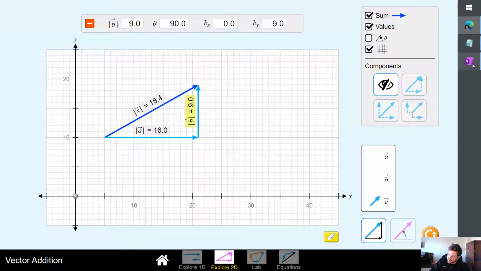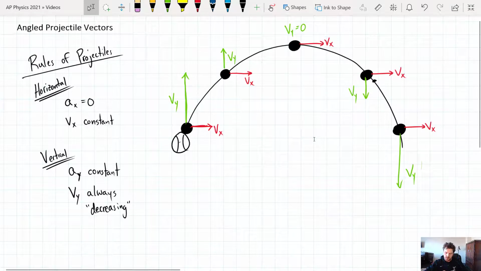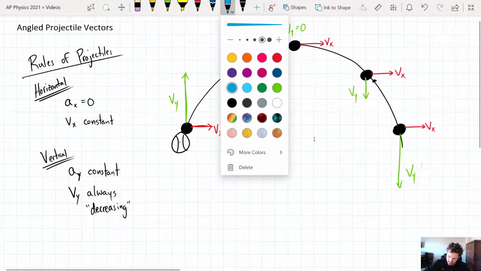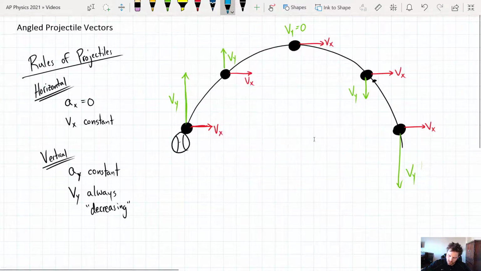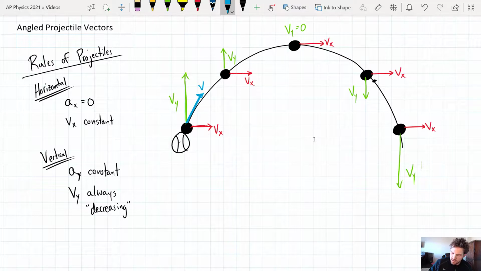So as we go through and draw, that overall velocity would look like this. Here, this y velocity is a little bit shorter. So like we said last time, it's a smaller overall velocity along with a shallower angle.